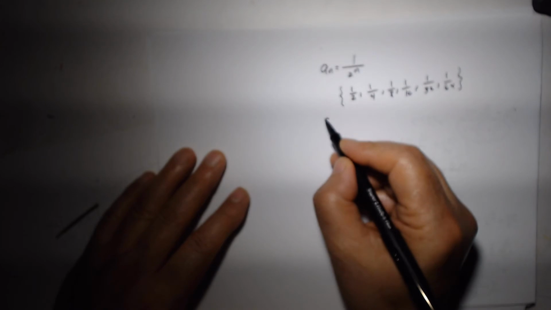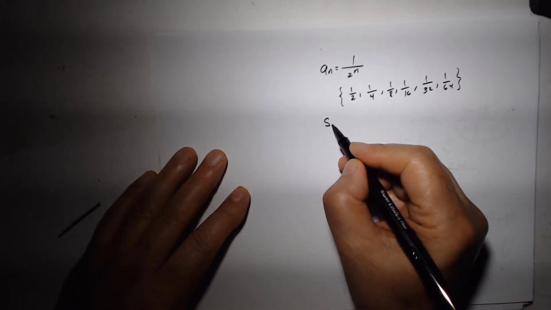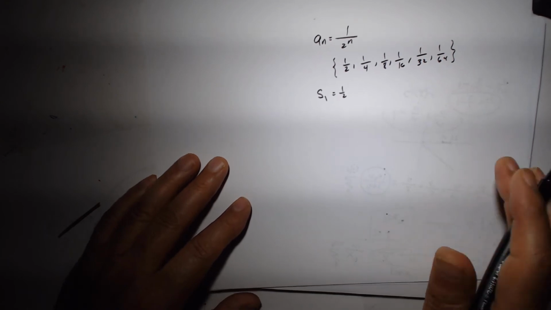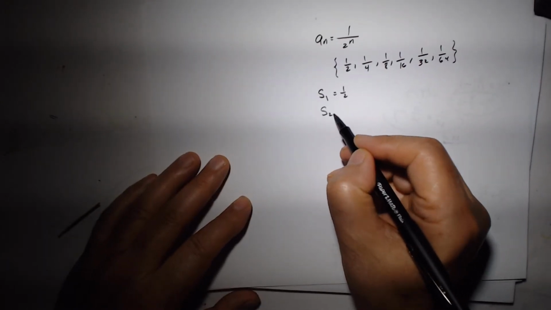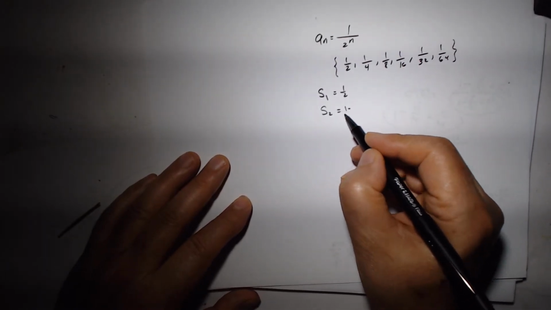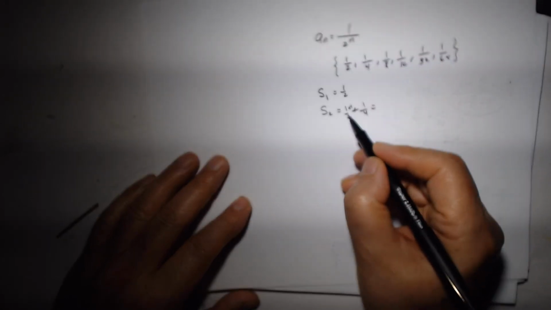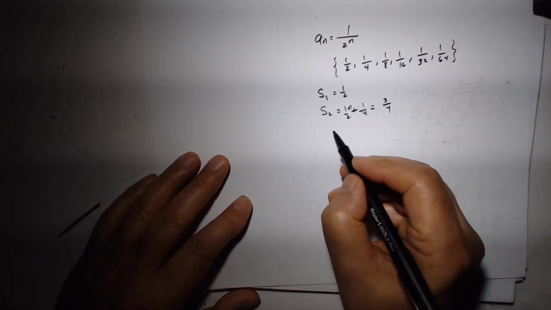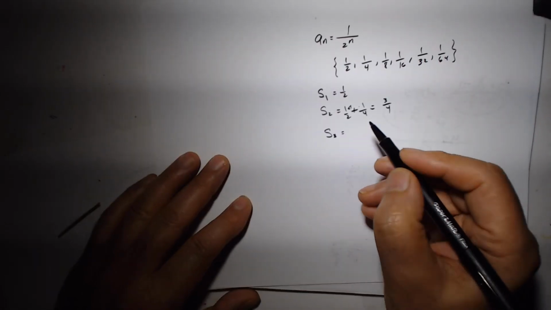And I'm going to ask, what is the sum of only the first term? It is 1/2. What is the sum of the first and the second? It is 1/2 plus 1/4. Multiplied by 2, that is 3/4. What is the sum of the first 3?